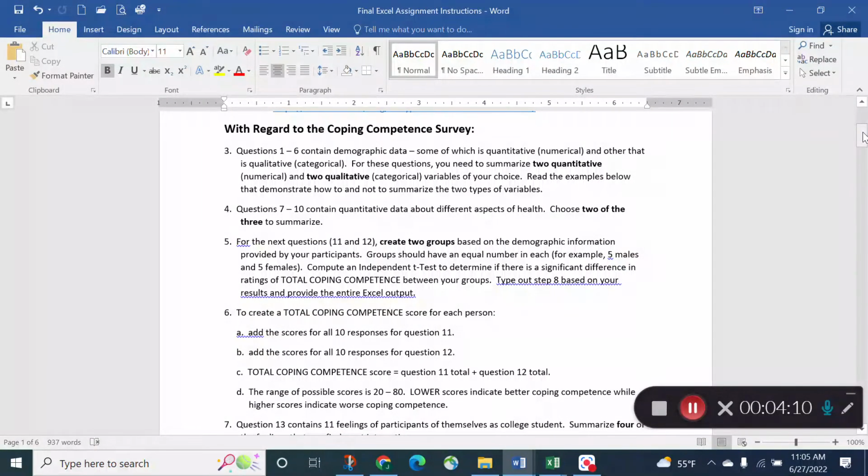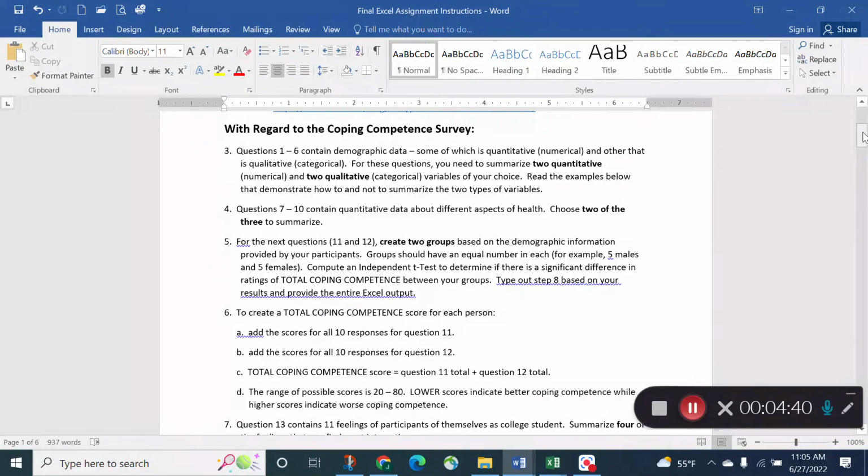So quantitative data, the only way, the 100% way that you'll represent it is with the mean and standard deviation. You can add other methods, range, median, but you must have the mean and standard deviation. So for questions 1 through 6, select 2 quantitative and 2 qualitative questions to summarize.